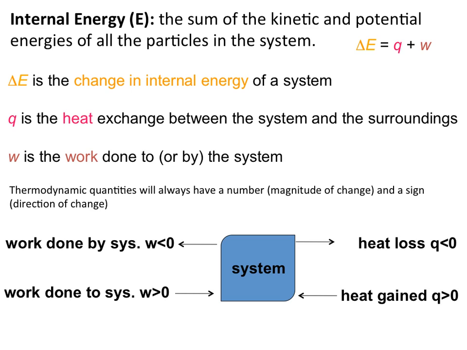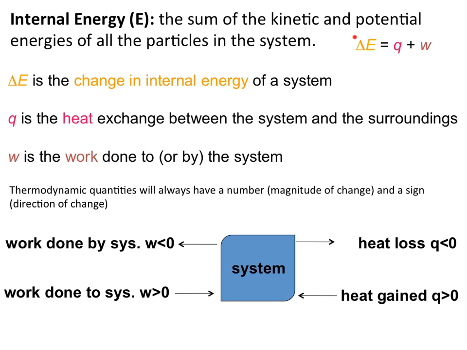The internal energy of a system is the sum of all the kinetic and potential energies of all the particles in a specific system. So whatever you're focusing in on, that system's internal energy is going to be related to all the particles' kinetic and potential energy features. This delta E that you see here is the change in internal energy of a system.